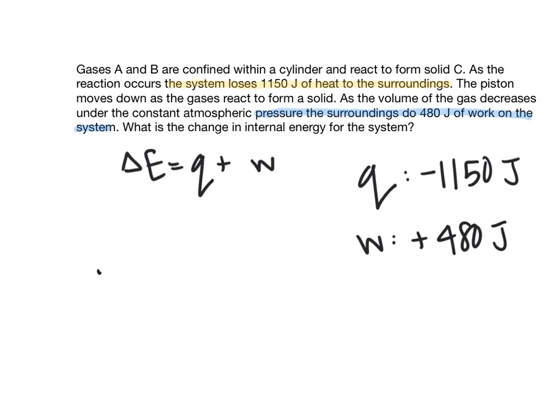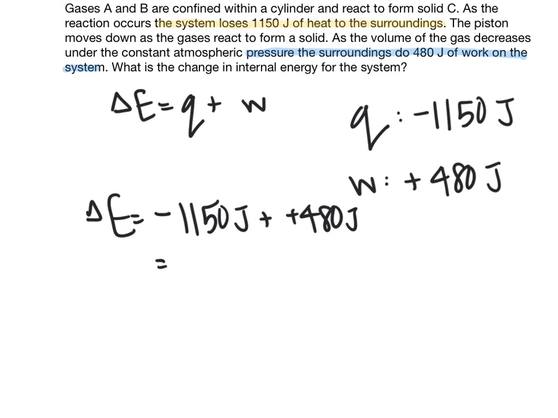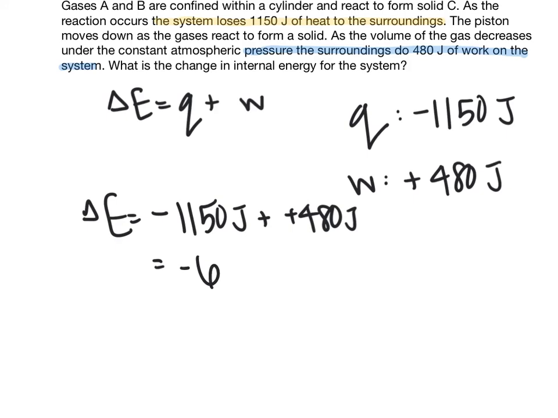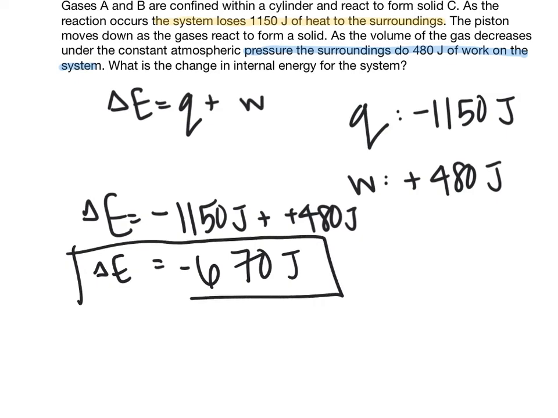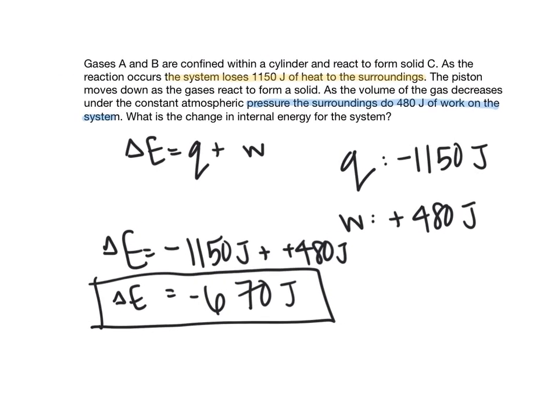To do our calculation, it's delta E equals negative 1,150 joules plus positive 480 joules. When we plug this into our calculator, we should get negative 670 joules as delta E. The hardest part of this question isn't actually the math. It's that we want to make sure we are assigning the signs in the correct way.